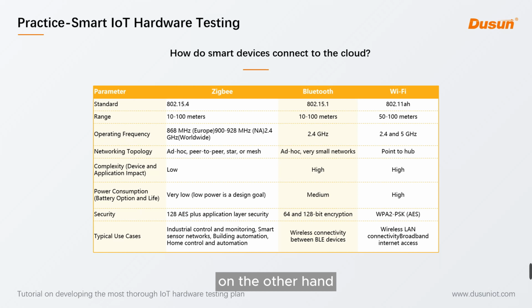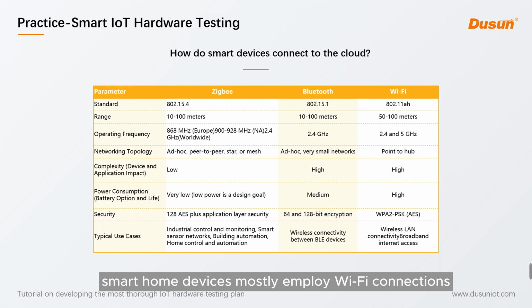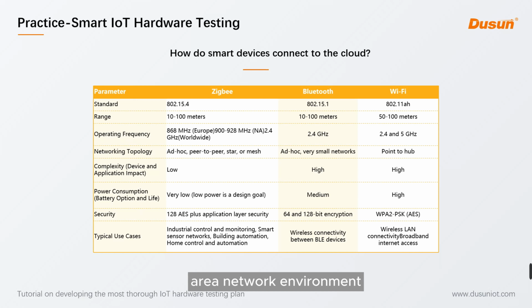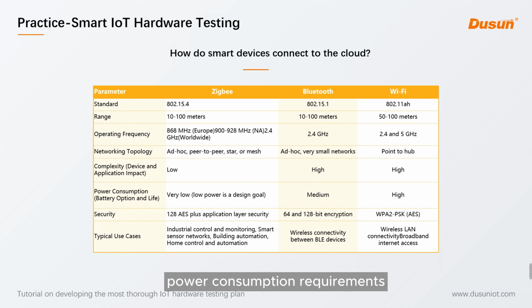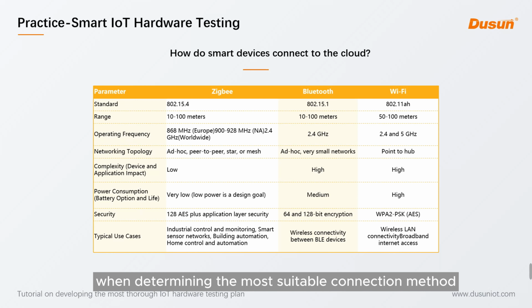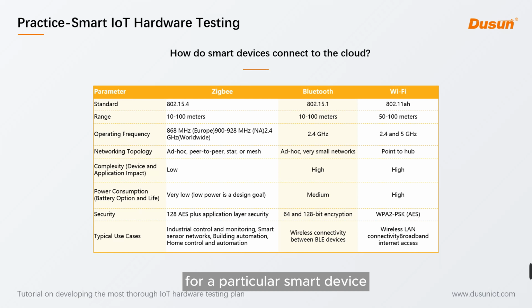On the other hand, smart home devices mostly employ Wi-Fi connections, which are more convenient for use within a single local area network environment. It's essential to consider the actual usage environment, communication range, power consumption requirements, and data transfer rate when determining the most suitable connection method for a particular smart device.